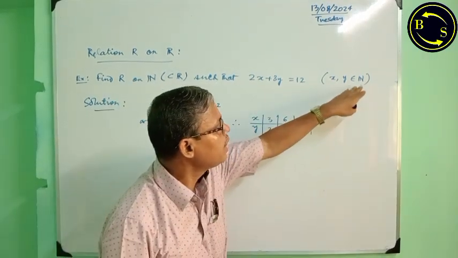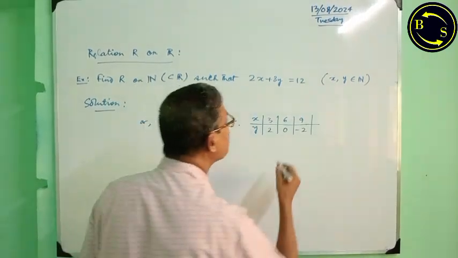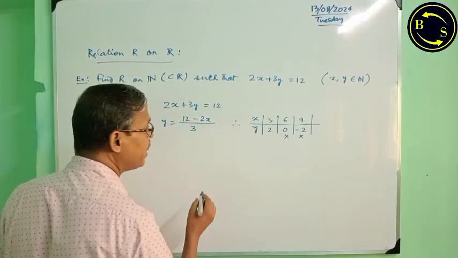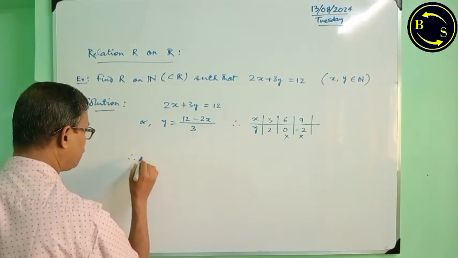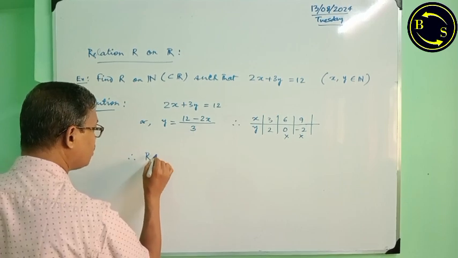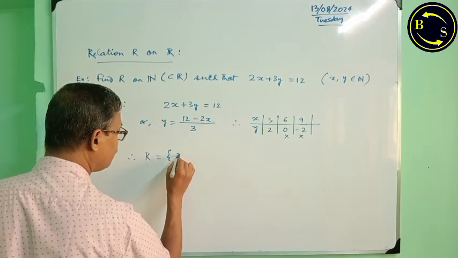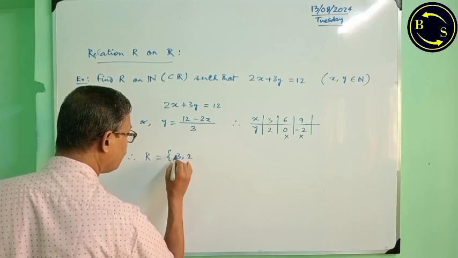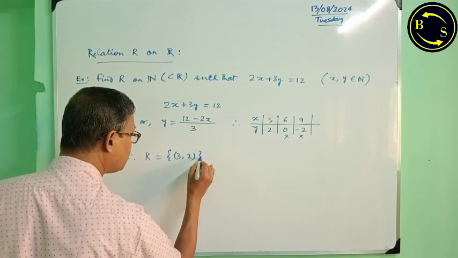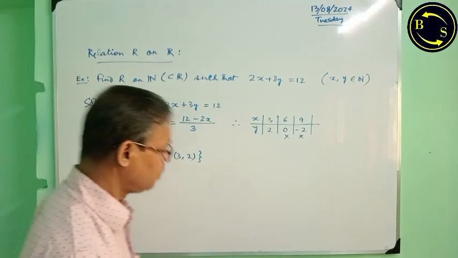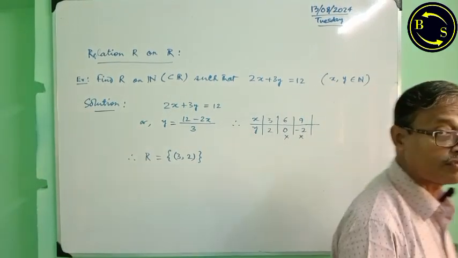Since x, y are natural numbers, these are rejected. Therefore, in this case, the relation will have only the ordered pair (3, 2). This will be the relation.